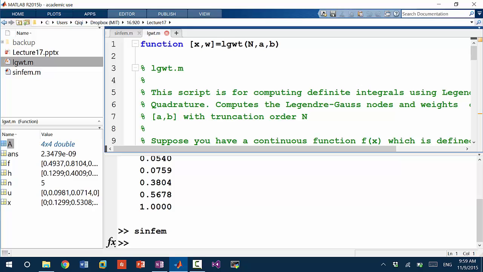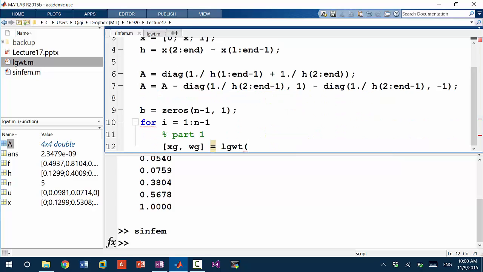There are other Gauss quadrature methods that are better for integrating a weighted integral of a function, an integration of a particular weight times a given function. But for this, we are just going to use the regular quadrature. So let's use 10 points, which is usually good enough, right?